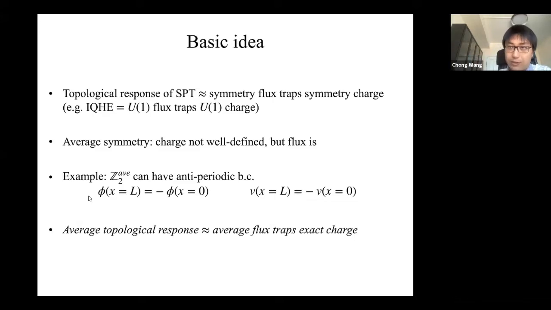To make an anti-periodic boundary condition, I just require that phi at x equal to L, where L is your system size, be minus phi at x equal to 0. That's usually how we do it. You can do that for Ising. The only thing you have to do in addition, in the context of average symmetry, is to also flip your random field.